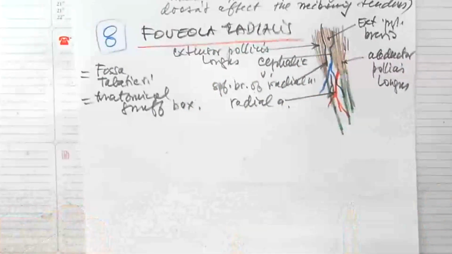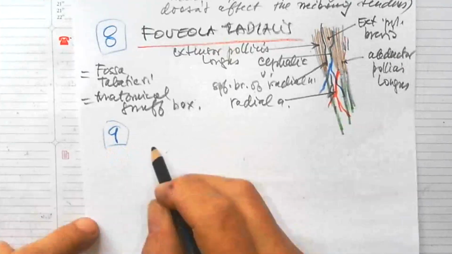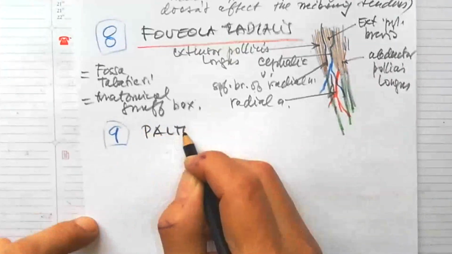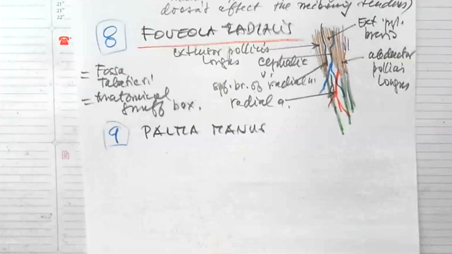This was number 8, and number 9 is palma manus, a complicated, very important area, region.